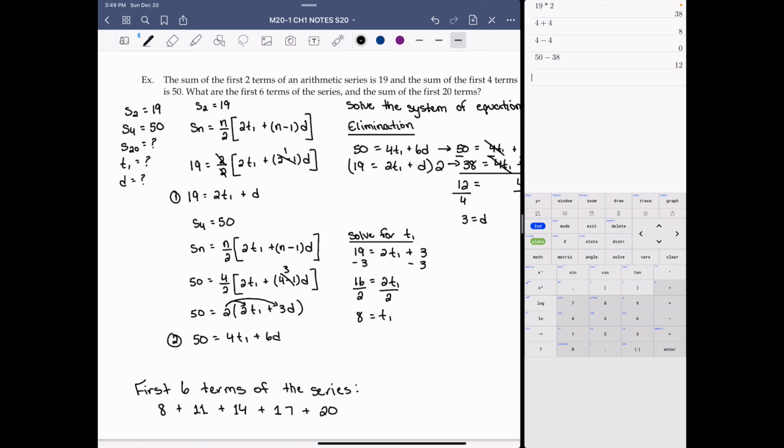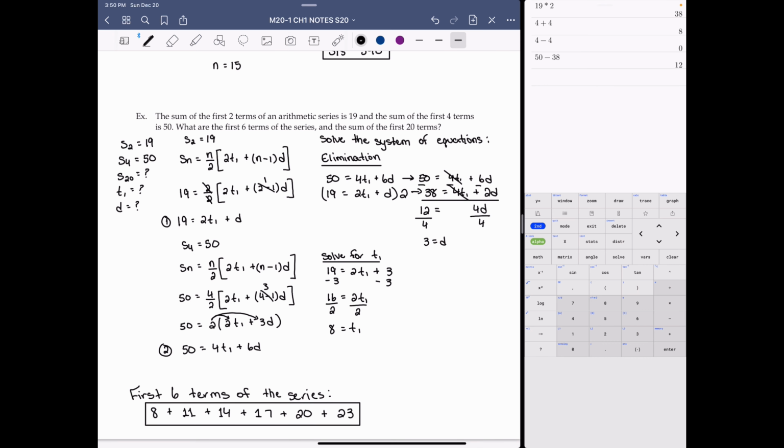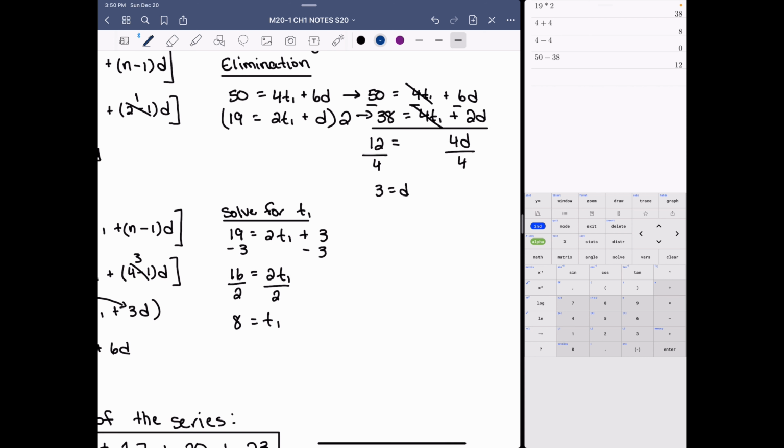And then we also want the sum of the first 20 terms. We don't know what the 20th term is, so we're going to have to use the longer formula. Sn equals n divided by 2 times 2t1 plus n minus 1 times d.